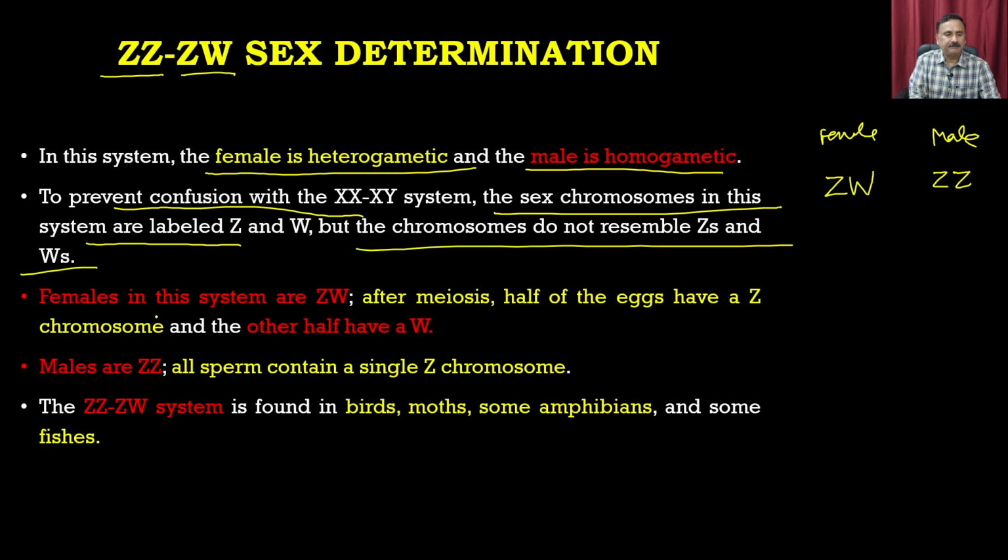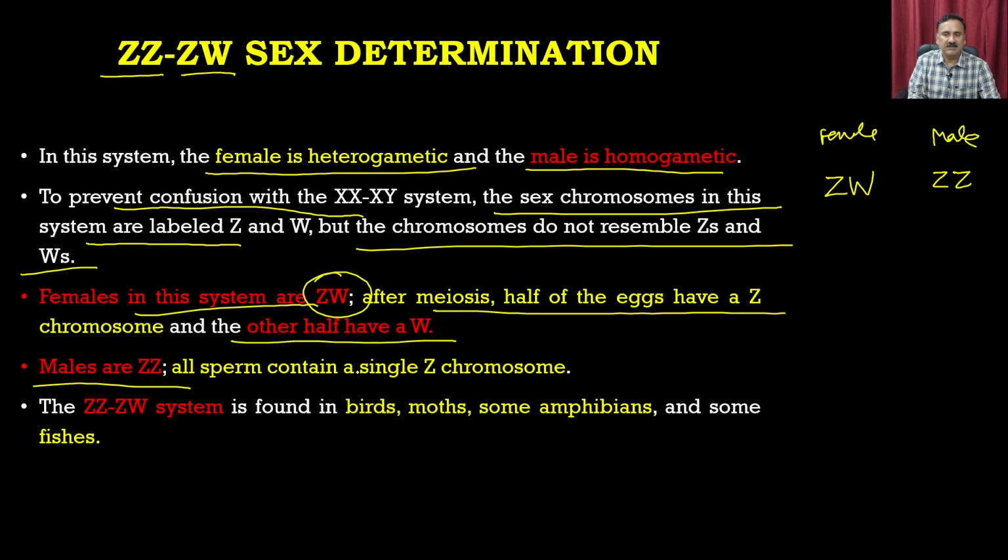So females in this system are ZW. After meiosis, half of the eggs have a Z and the other half have the W. Males are ZZ, right? So all sperm contain only the Z chromosome, and it's found in birds, moths, some amphibians, and fishes.